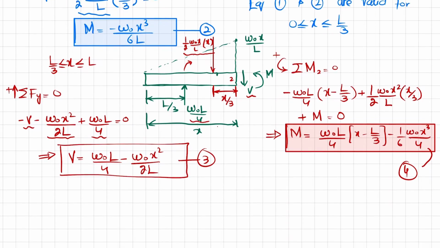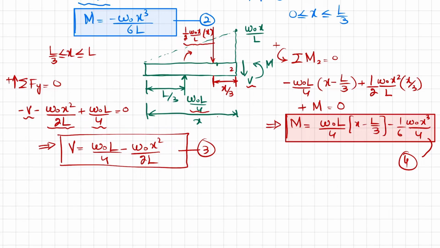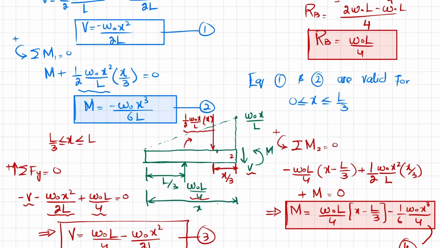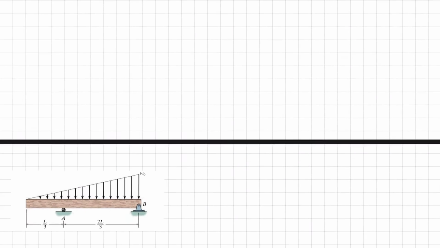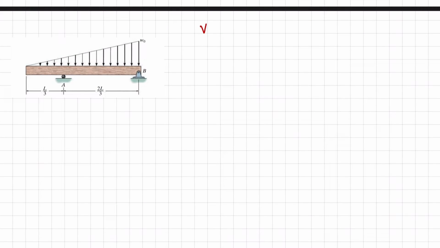Now we have all these equations, so we will draw the shear force and bending moment diagram. For that, I rewrite the equations here. First, V is equal to minus W naught x square over 2L.